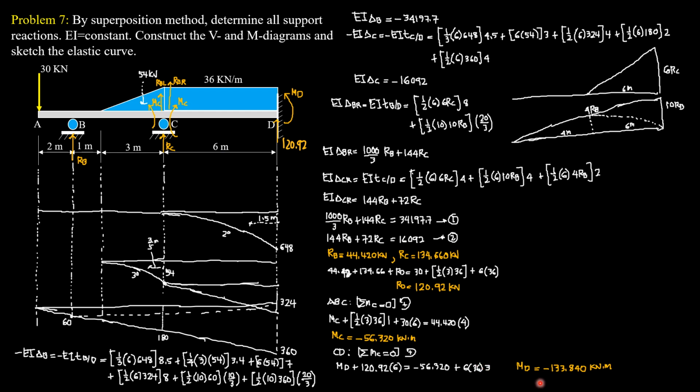So solving for MD, it is equal to negative 133.84 kilonewton meter.